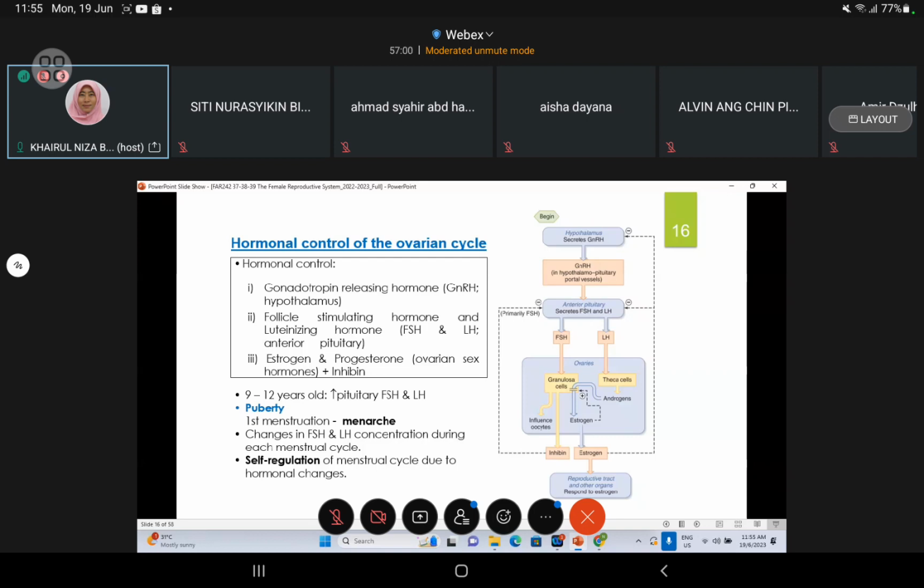And once it starts, there will be cyclical or automatic changes in FSH and LH concentration during each menstrual cycle. So it's an auto-regulation because of the changes in the hormonal secretion.